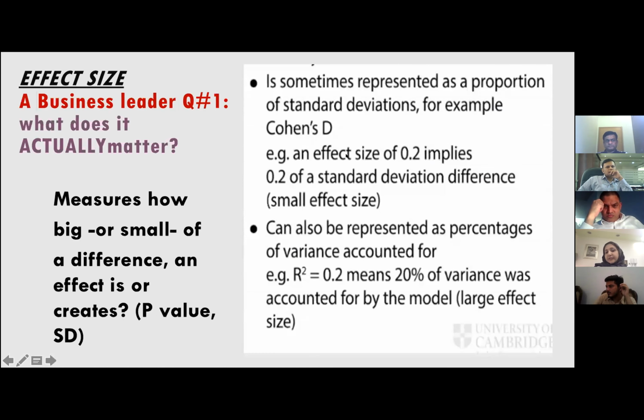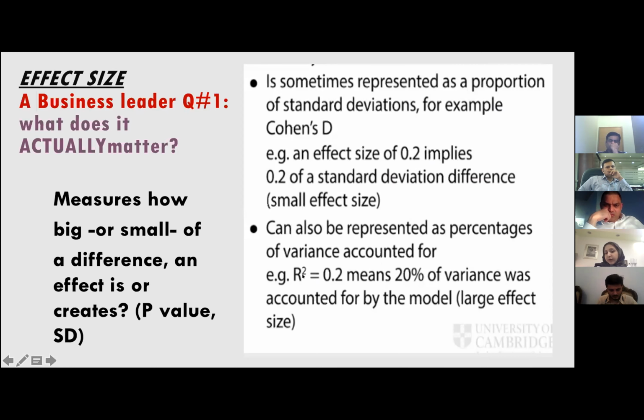We need to see the difference between using the p-value. For instance, an effect size of 0.2 implies a 0.2 standard deviation difference, which mirrors a small effect size. While it can also be represented as a percentage of variance accounted for.